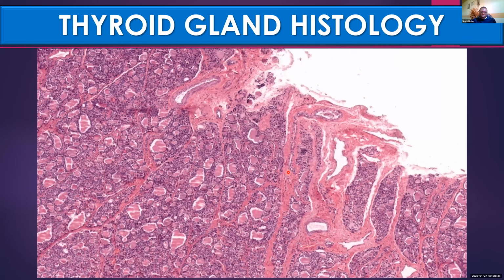Apart from dividing the gland into lobules, the trabeculae serve very important functions. Of course, they contribute to the structural integrity of the gland, so they hold the gland. They're the supporting framework for the gland. But they also carry blood vessels. Look at this region, that's a blood vessel.